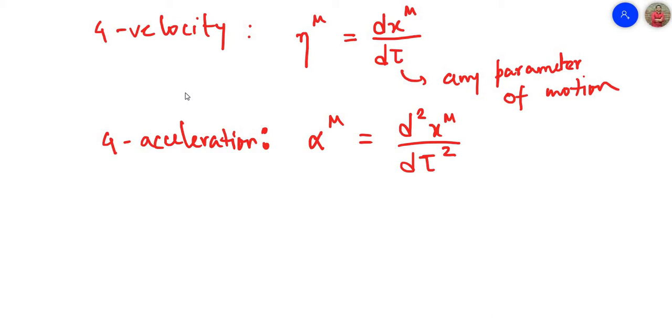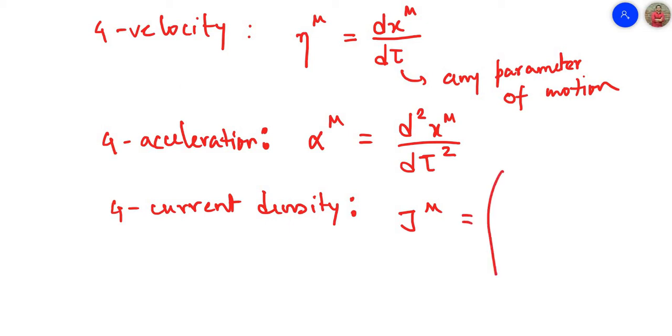We can also have 4-dimensional current density, J mu, which is defined as the scalar charge density in the time component and the three-dimensional current density in the space component.